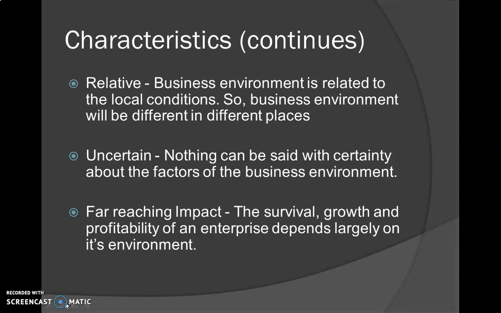For example, if a government decides to ban wine, this will compel the wine shops to wind up their business. That's the effect, or we can say that the impact of the environmental factors is unlimited. That can cause anything to the business. So these are the important characteristics of business environment.